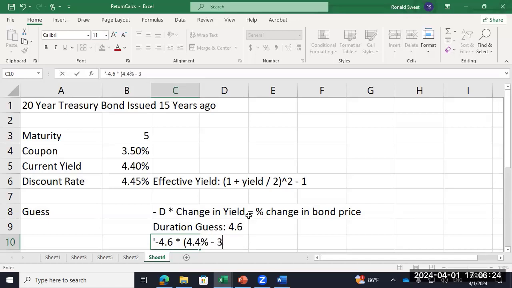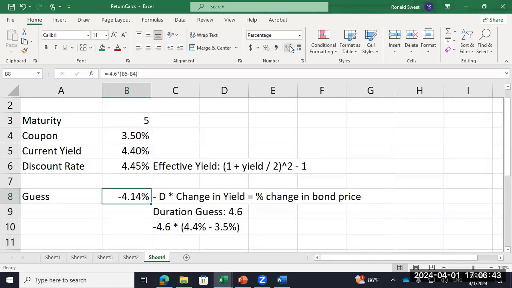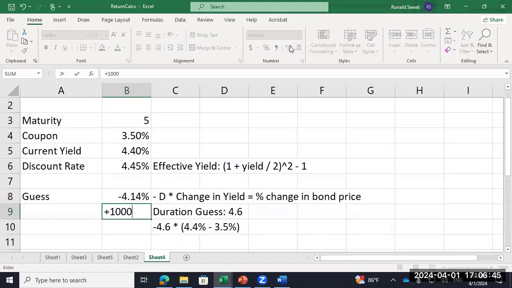It started off at 3.5%. That's the percentage change we're going to guess. So we're going to do minus 4.6 times that. I'm not using the effective yield, I'm using the actual rate. I'm guessing this bond is going to sell at a 4% discount. So $1,000 times 1 minus 4%. My bond price guess is $958.60.